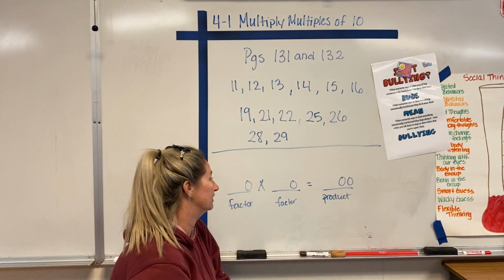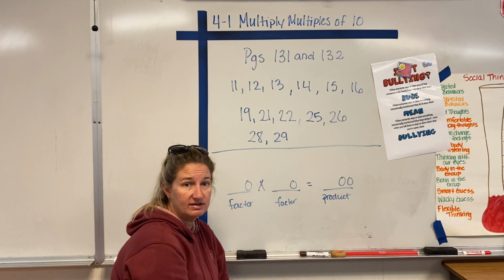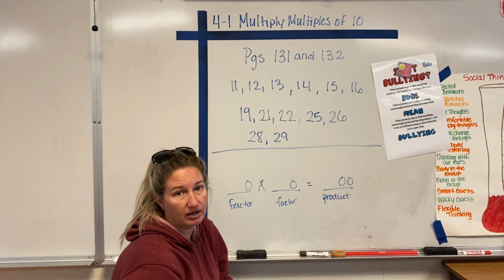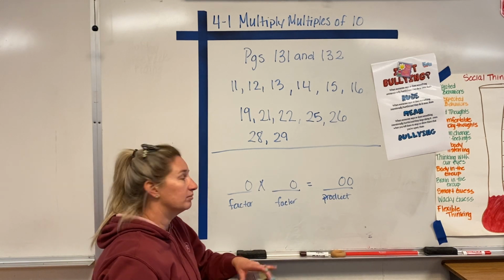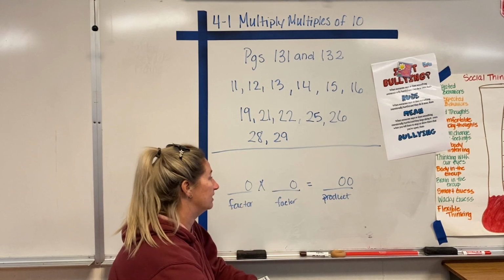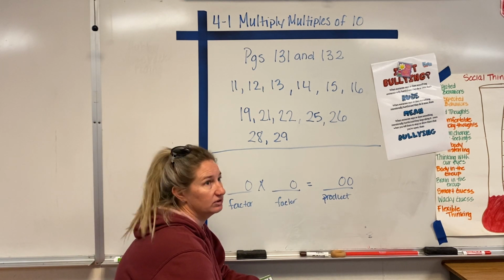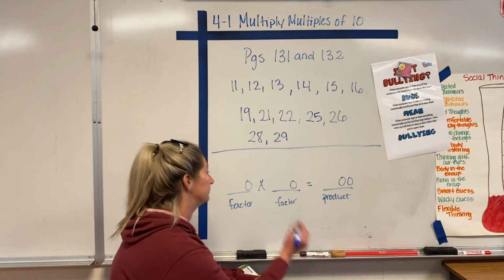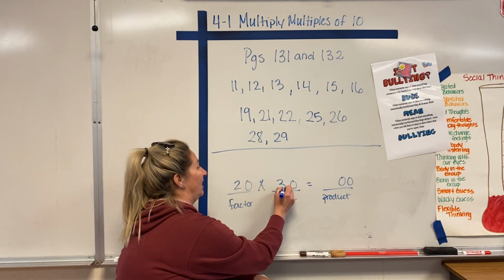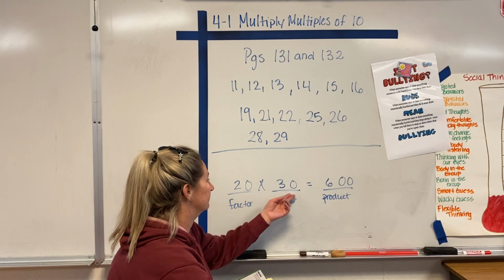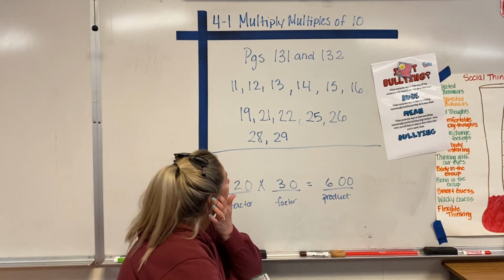I can't do 2 times 5 because that would be 10, and that would put another 0 in the product. So I need to pick two numbers that don't make a multiple of 10. I could do 2 times 3 and get 6. So I still have 2 zeros in the factors and 2 zeros in the product.